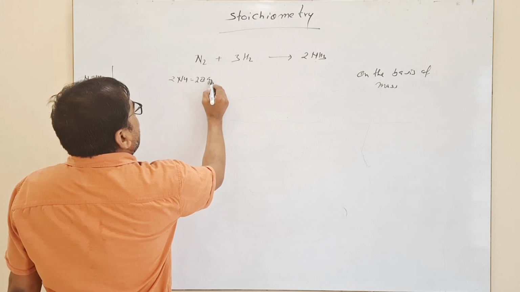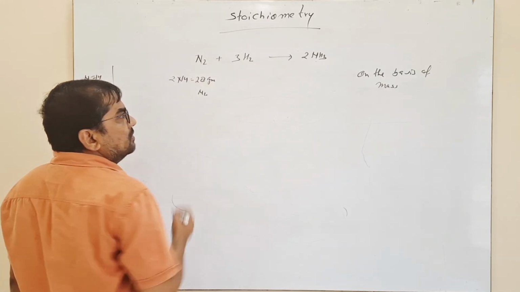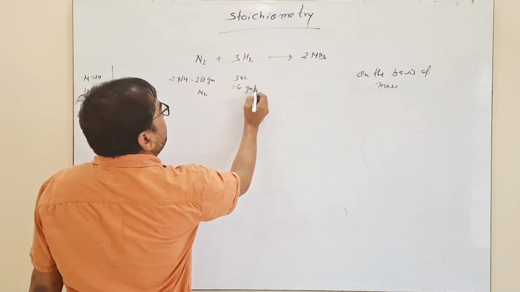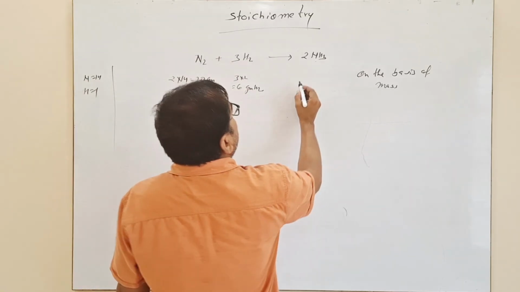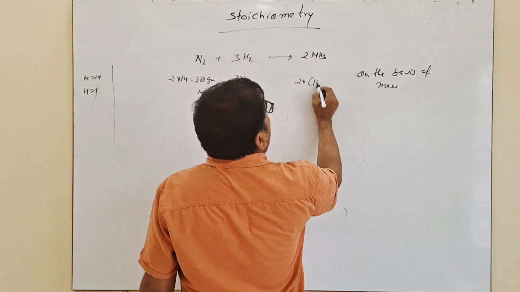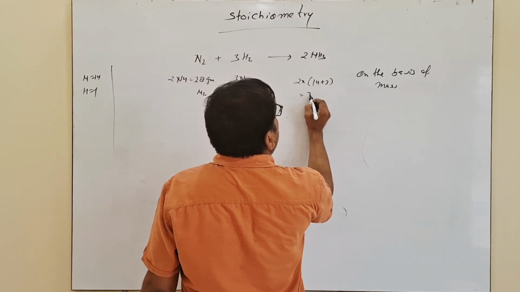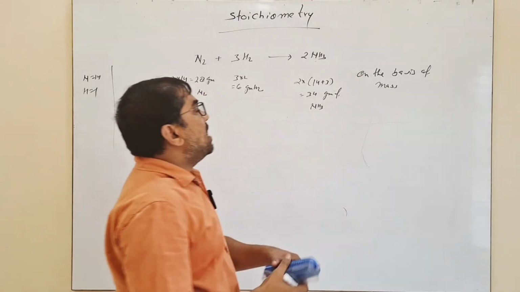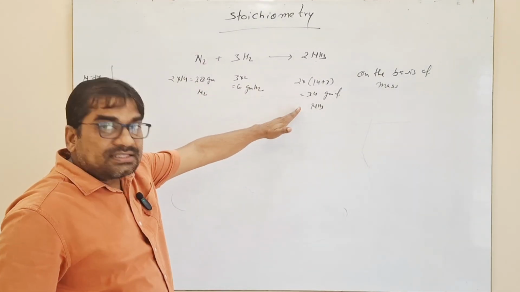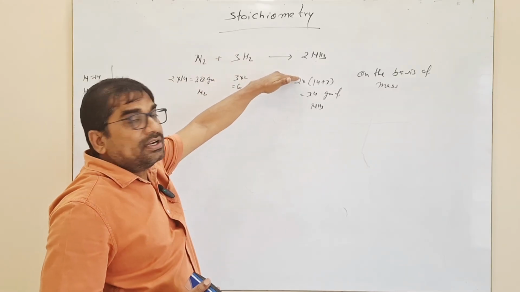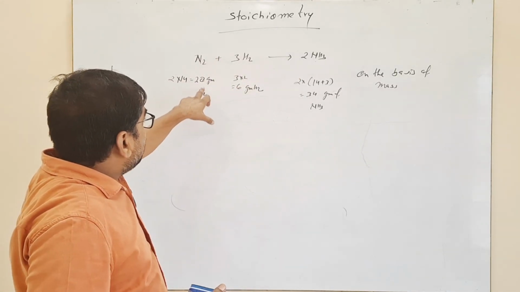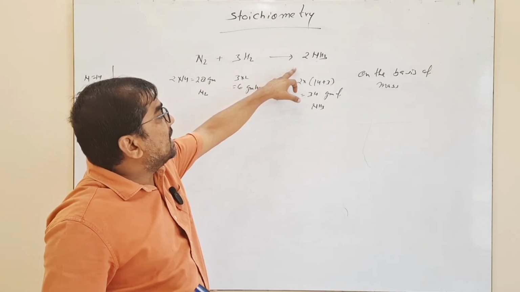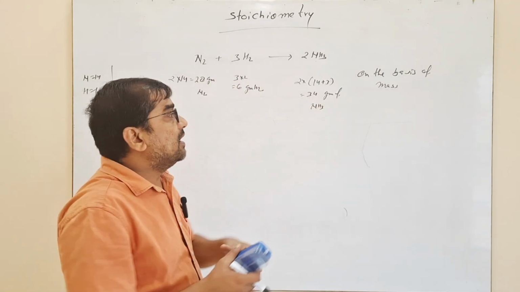Therefore, 28 gram of nitrogen reacts with 3 into 2, 6 gram of hydrogen and gives 2 into 14 plus 3, that is 34 gram of ammonia. On the basis of mass, that is the mass to mass relationship between reactants and product, 28 gram of dinitrogen combines with 6 gram of hydrogen and gives 34 gram of ammonia.